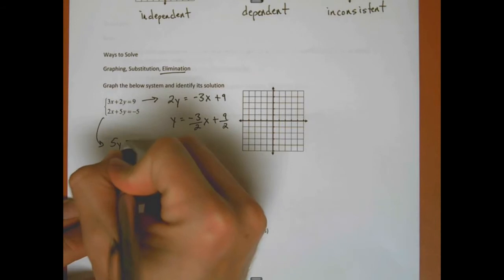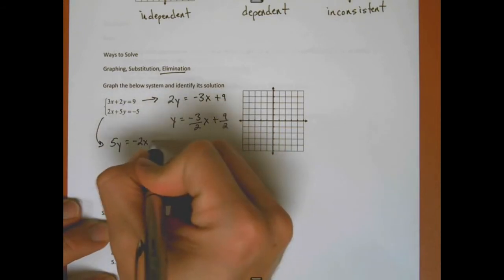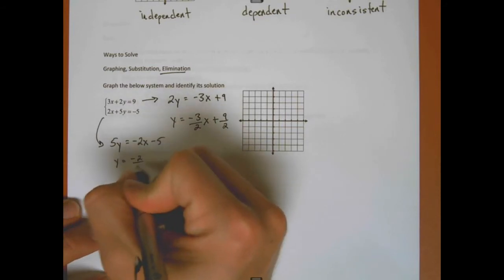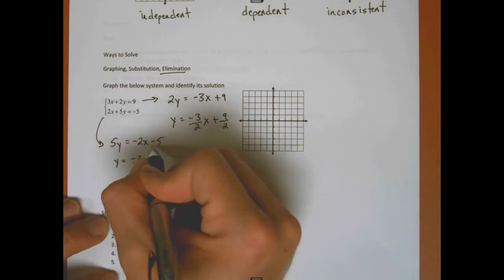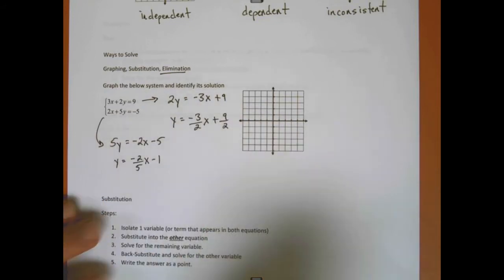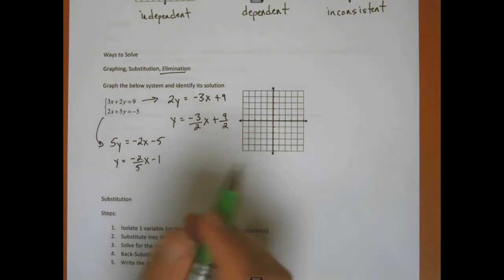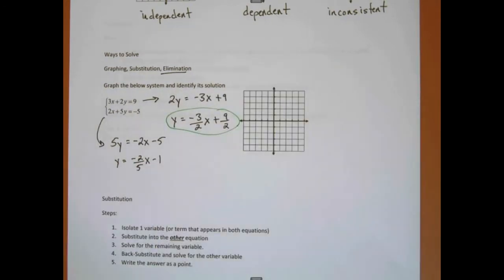And so I have 5y is equal to -2x minus 5. So y is equal to -2 over 5 x, and then divided by 5 would be -1. So if we're going to graph, we're going to look at this line and then also this line and see where they intersect.